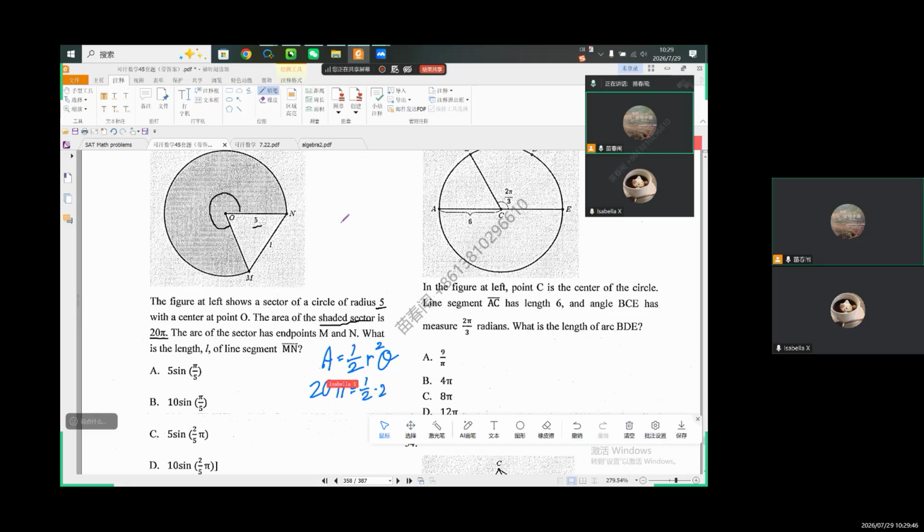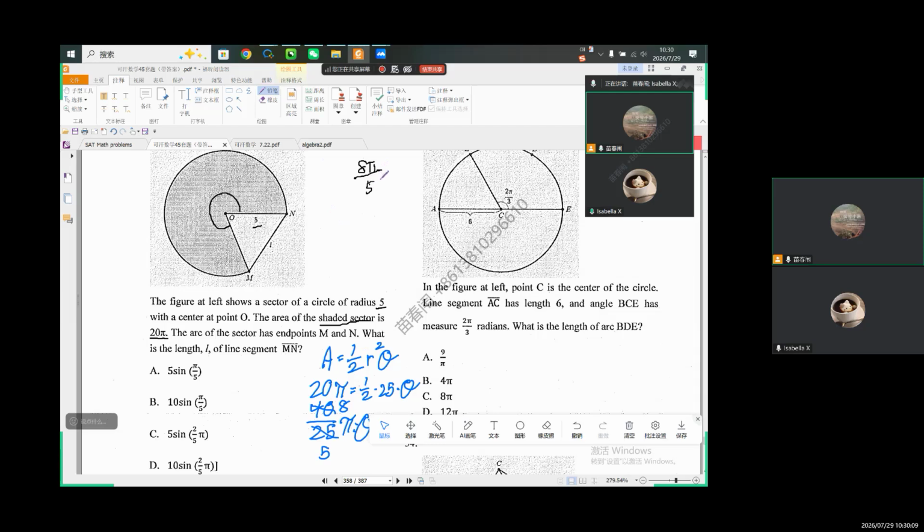Probably quicker. That's very nice. So now we know that one is 8 pi over 5, right?